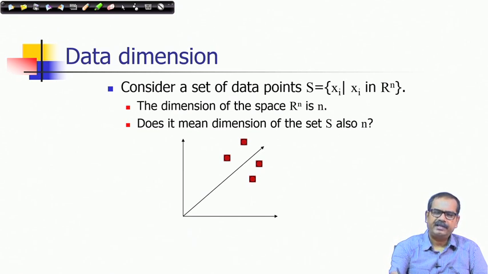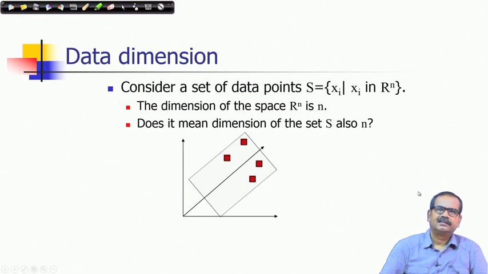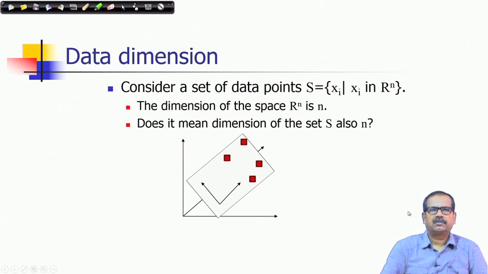Now, they may be arranged in such a way that they lie on a plane. When they lie on a plane, we can always define a coordinate system within that plane and use that coordinate convention to represent every point.